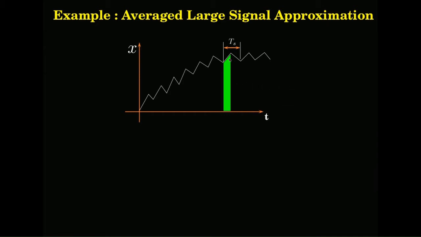Now, let us take the average of this for this period Ts alone. So, let us say somewhere it comes like that. Now, this is varying. Now, let us say this were equivalent to a rectangle. So, somewhere here there is a rectangle.